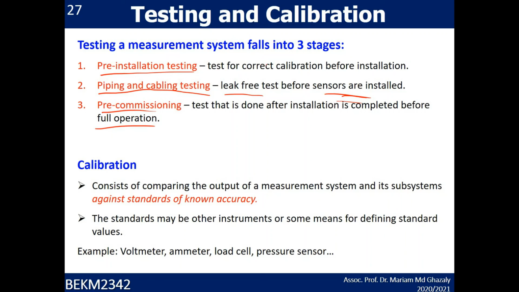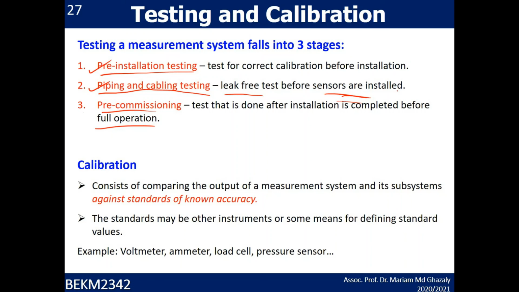Pre-installation is, for example, when you have bought a sensor, you first test that the sensor is working according to the data sheet. After the pre-installation check, you connect it to the system. After you connect it, you check whether the sensor connected to the system is able to collect the reading.